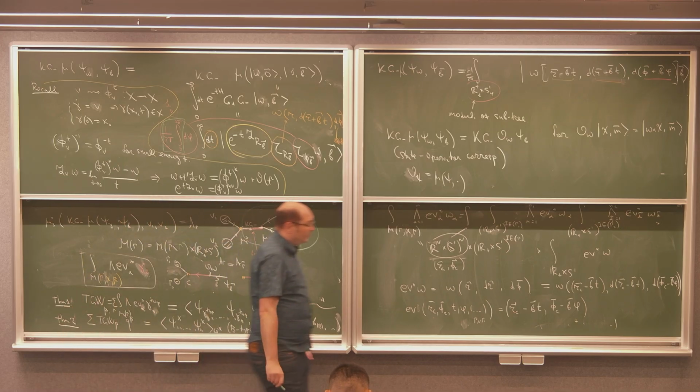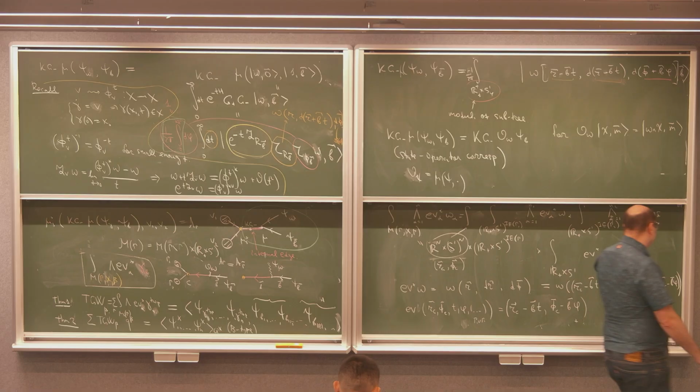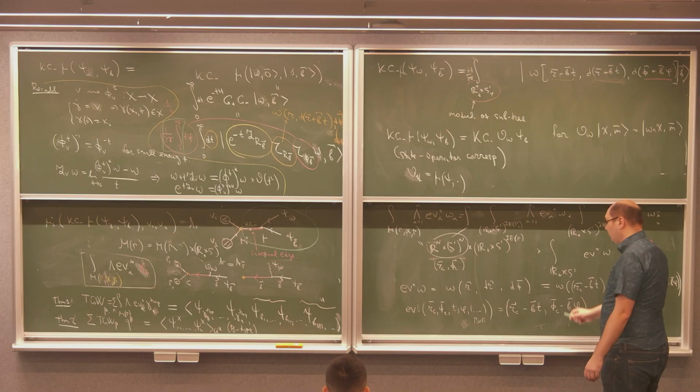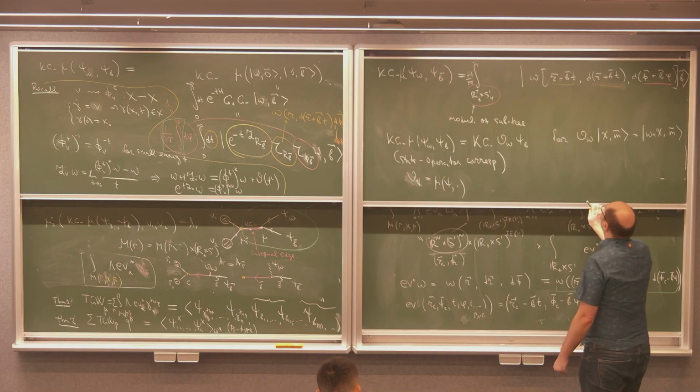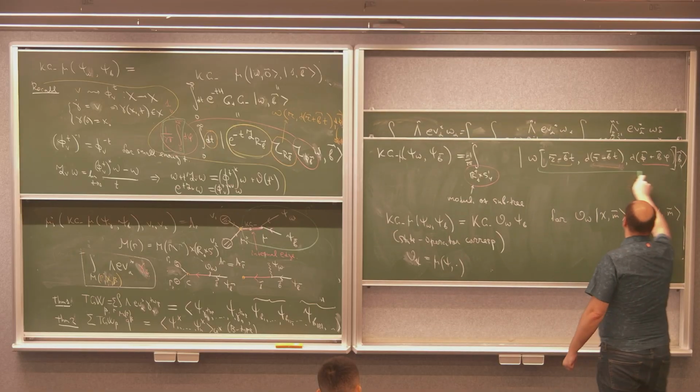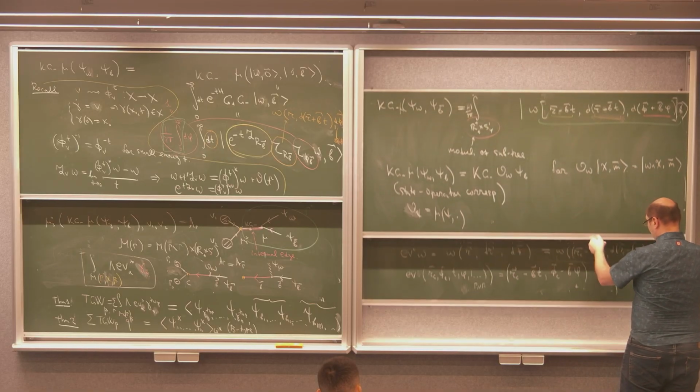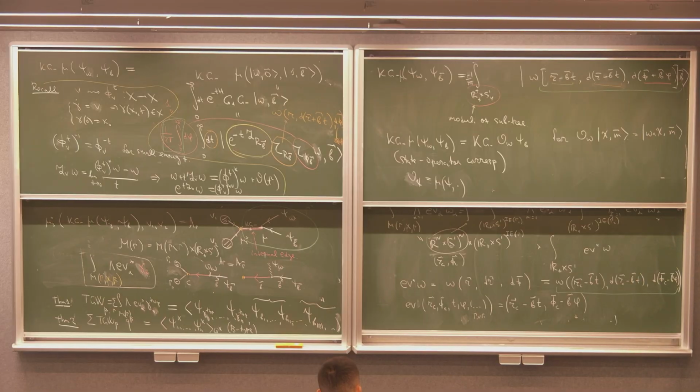So that's what we get by evaluating the pullback of the evaluation map applied to the observable omega in our setting. But now if we compare this expression with this expression, they become identical if we identify r with R_C and φ with φ_C.